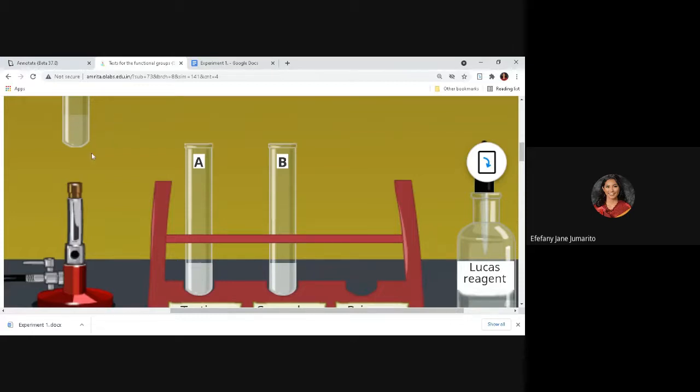The cloudiness does not appear yet, so let's heat it up using our Bunsen burner. As you can see, the cloudiness appears only upon heating our solution.